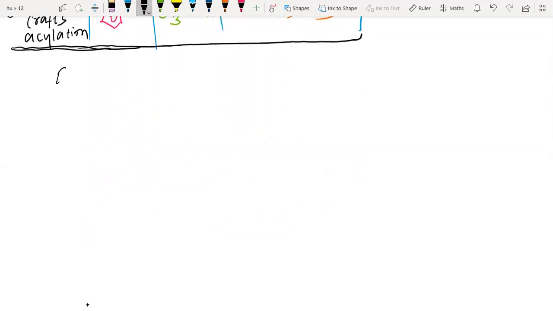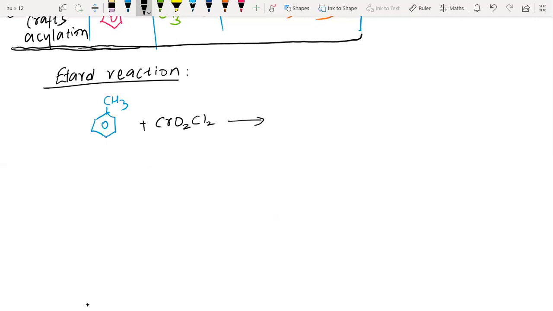Let's see the Etard reaction. As I said, the very important thing is that the main material of Etard is toluene, and what we add is chromyl chloride, CrO2Cl2. And as you saw there, the solvent is carbon disulfide. Now we'll see what byproduct we get, because the next step is acid hydrolysis.